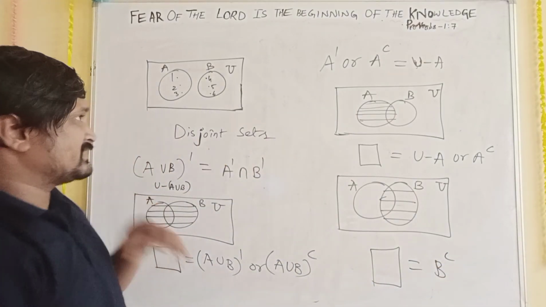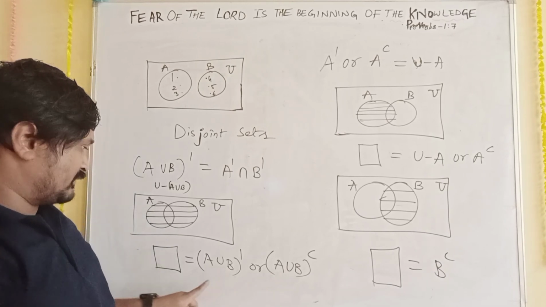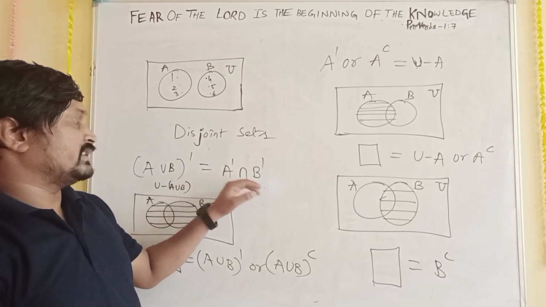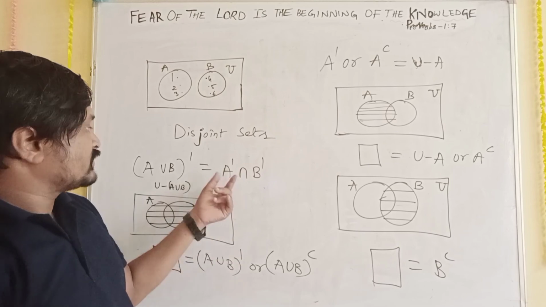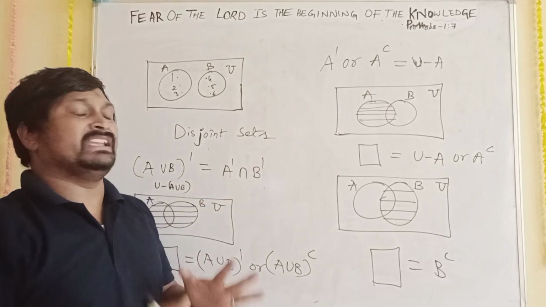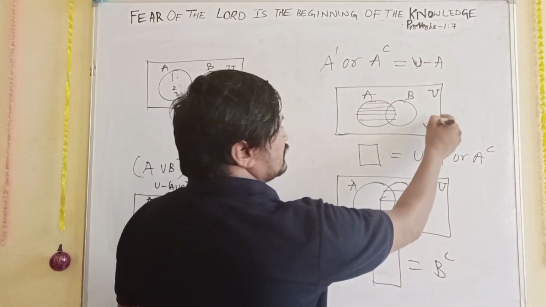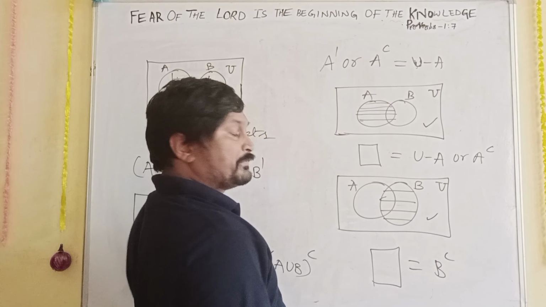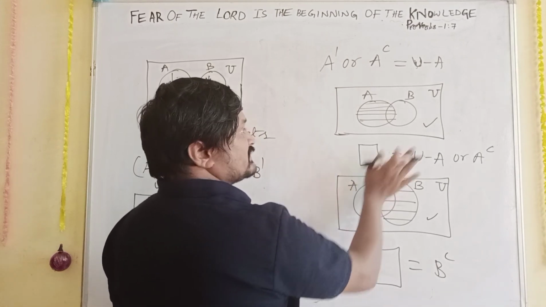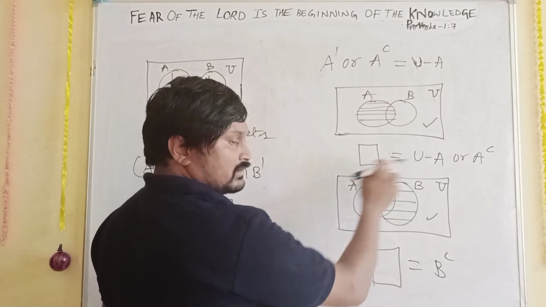Now what they said here: (A union B) whole complement is equal to A dash intersection B dash. In A dash and B dash, we find the common area. Here A is not considered, here B is not considered, and whatever remains is only the common part.